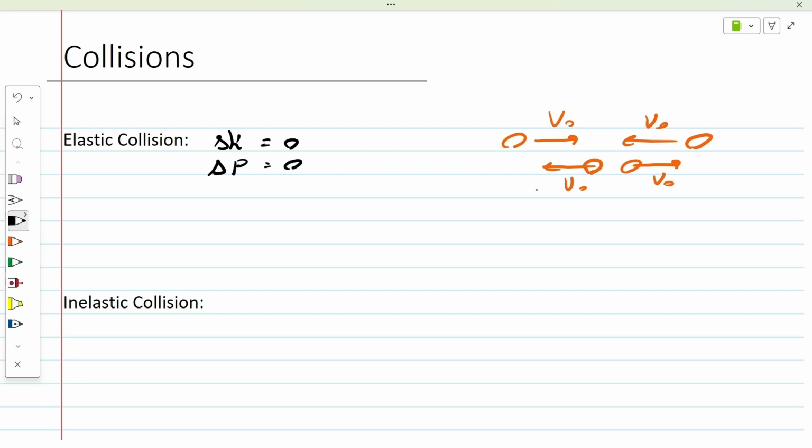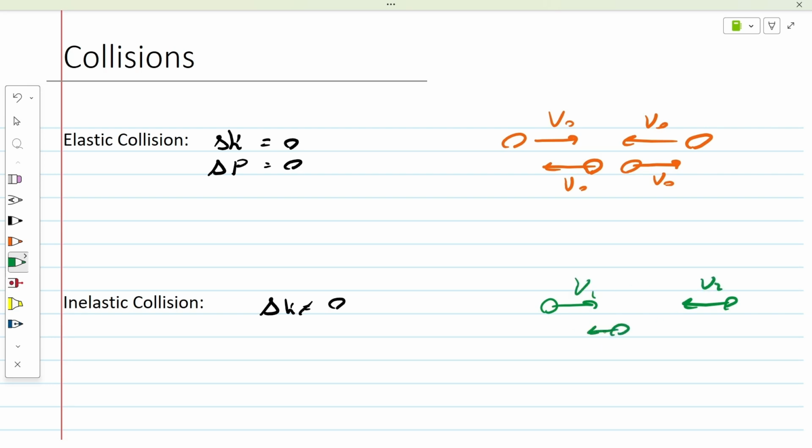Now let's contrast that to an inelastic collision. In an inelastic collision, the kinetic energy is not conserved. The change in kinetic energy does not equal 0. So let's say two balls are moving at each other, one has a v1, one has a v2.